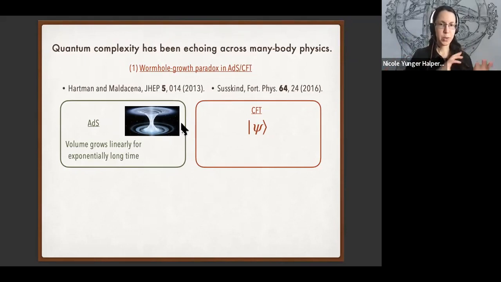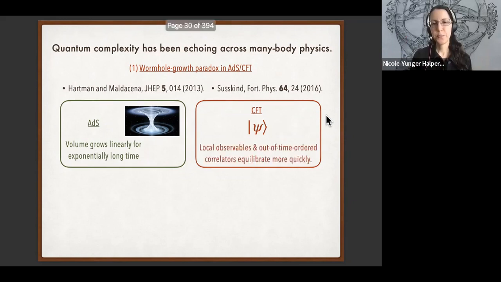And we can ask, what is the dual of this wormhole volume in the CFT? The CFT is in some quantum state psi that has a number of interesting quantities that we can measure: local observables, and even out-of-time-ordered correlation functions. But these quantities reach their equilibrium values much more quickly than this wormhole volume does.